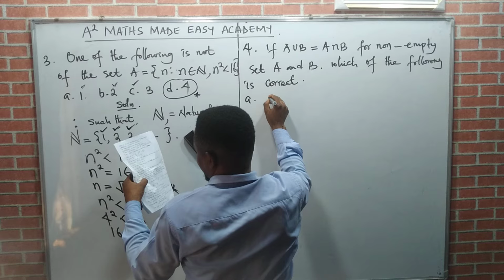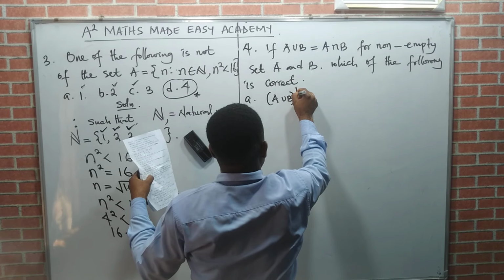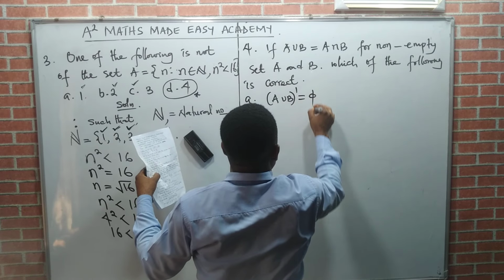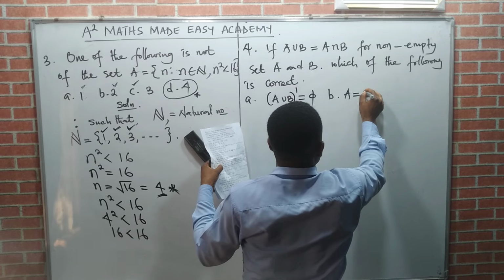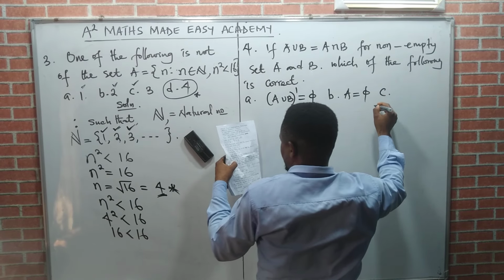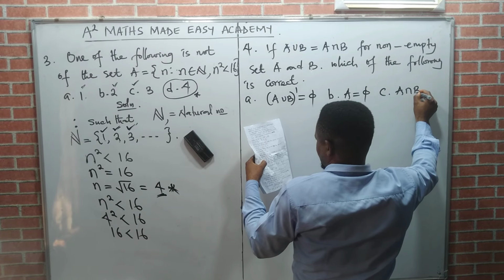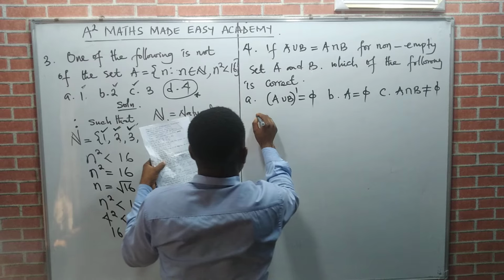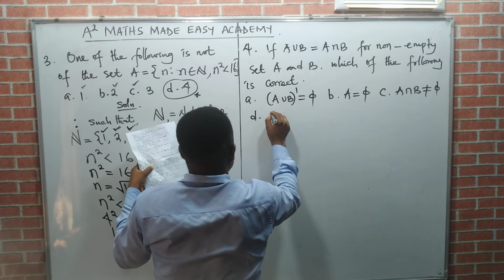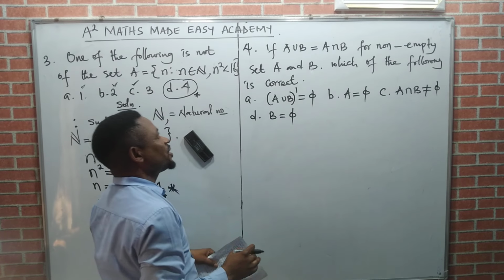Option A, watch. A union B, all complement, is equal to the empty set. Then option B, A is equal to an empty set. Option C, A intersection B is not equal to an empty set. Then option D, I want you to observe that B is equal to an empty set.